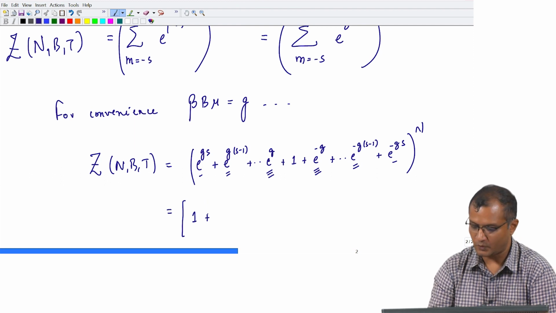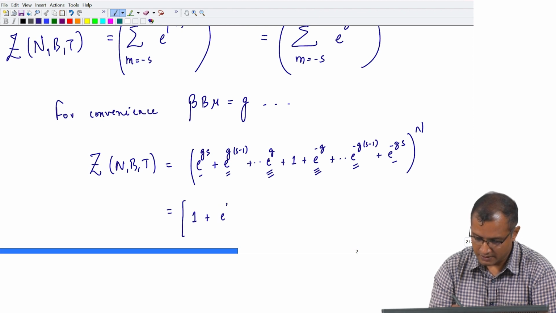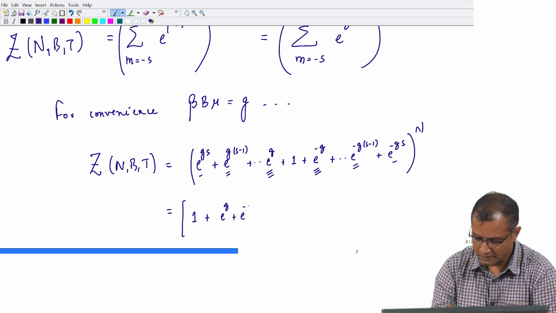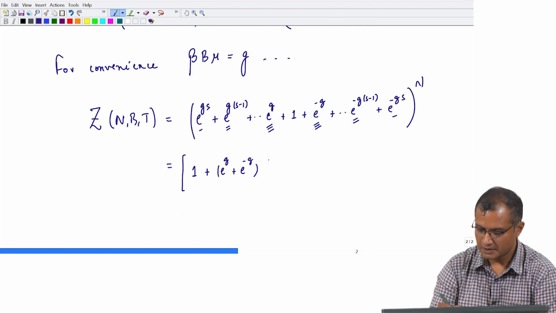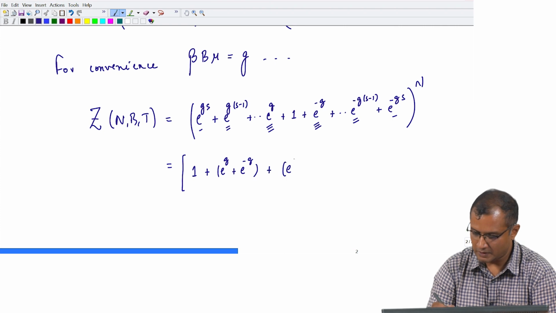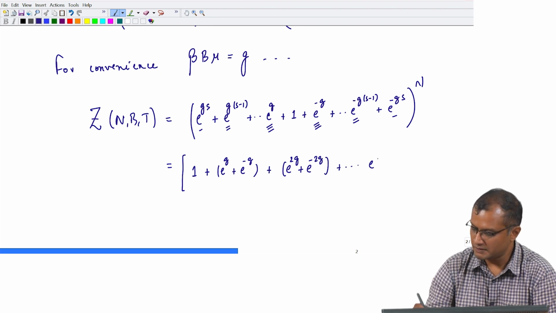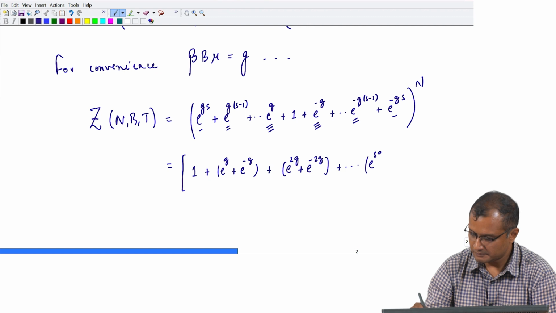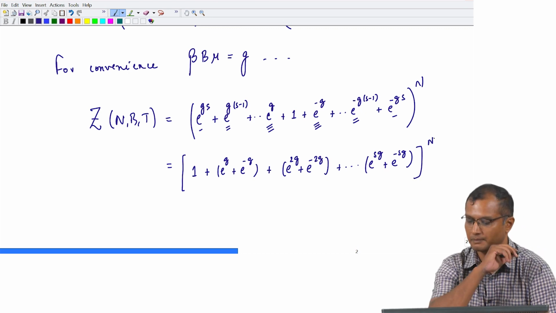So, you can write this as one plus, so I am not going to write 1 first, e to the power g, okay, club these two, then you can write down e to the power twice g, 2g all the way to that would be the last term.